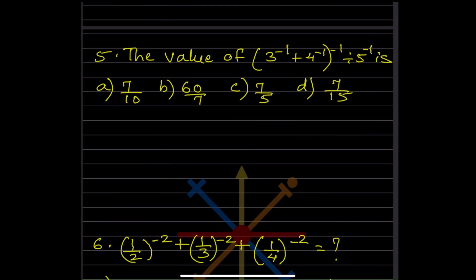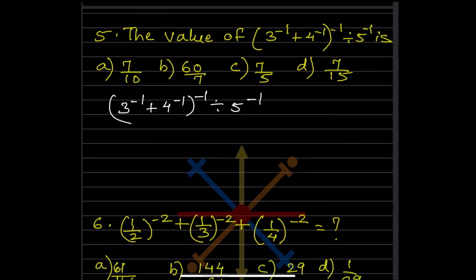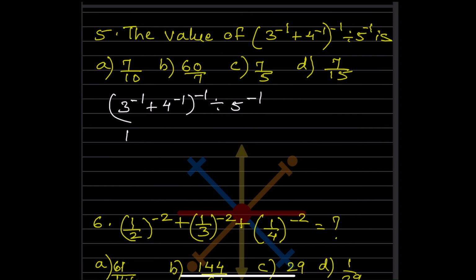The next value we have to find is 3 raised to minus 1 plus 4 raised to minus 1, all raised to minus 1, divided by 5 raised to minus 1. First we can write the inside as 1 by 3 plus 1 by 4, raised to minus 1, and this is 1 by 5. Now you can take the LCM, which is 12.